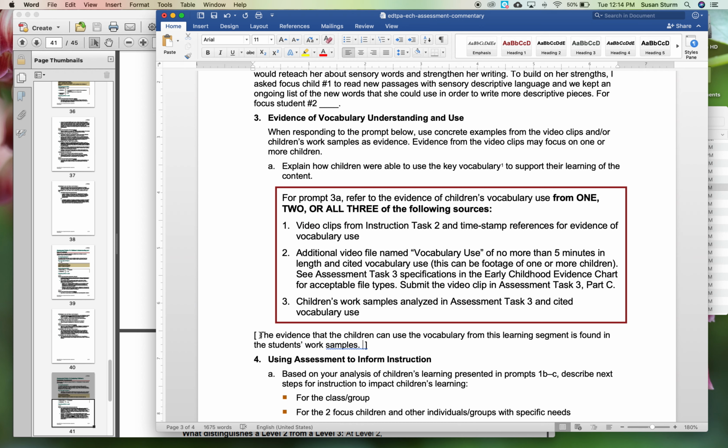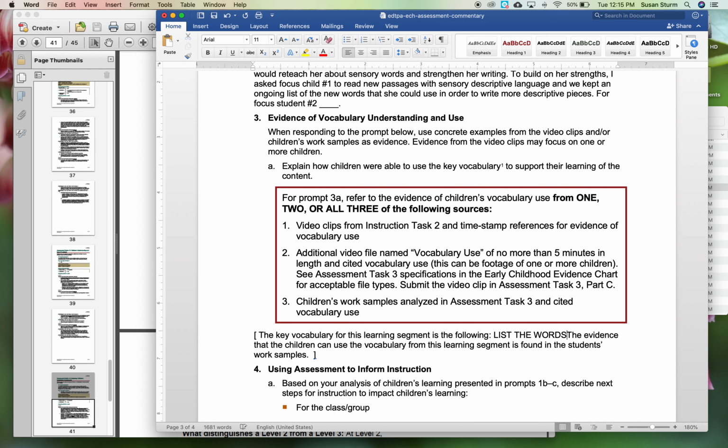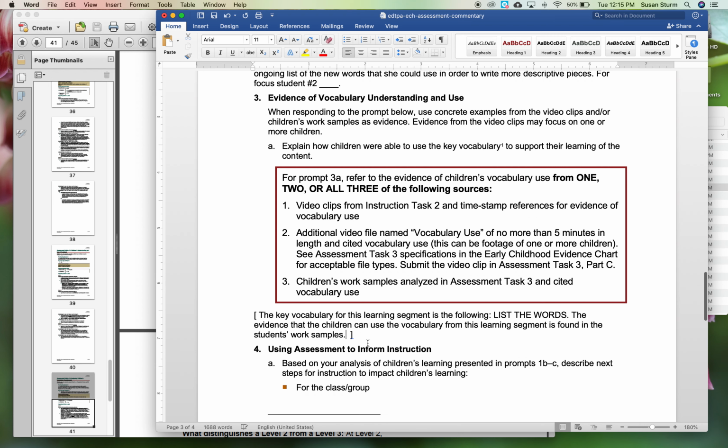So first, back up. The key vocabulary for this learning segment is the following, and then list the words or the vocabulary. The evidence that the children can use the vocabulary from this segment is found in the children's work samples.